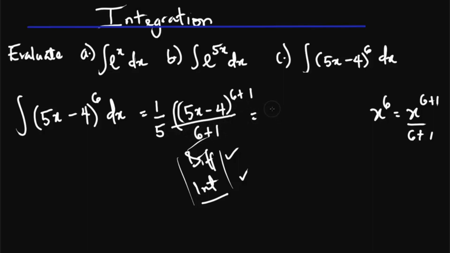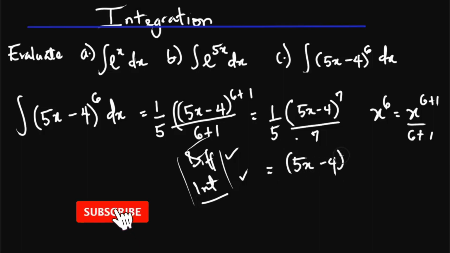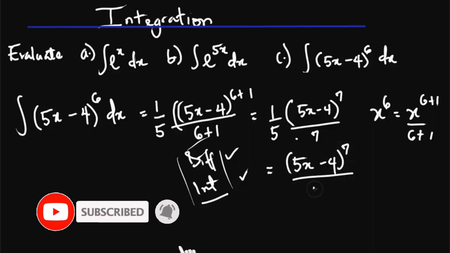So this becomes 1/5 times (5x minus 4) to the power 7 divided by 7. Multiplying the denominators, you have (5x minus 4) to the power 7 divided by 35.